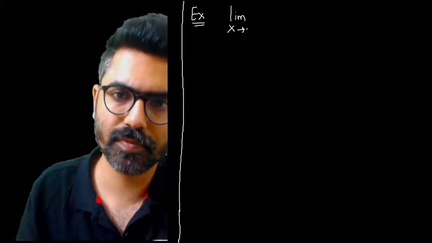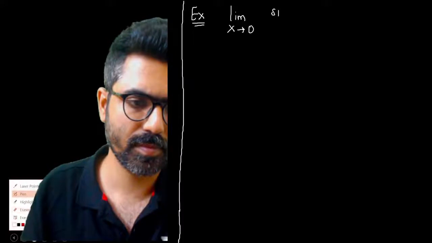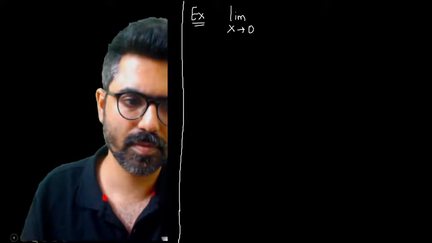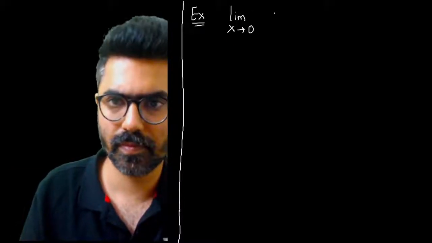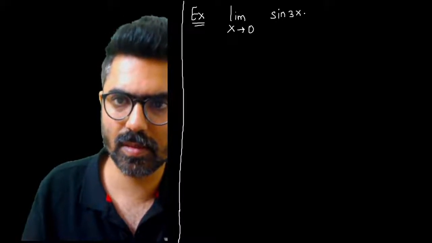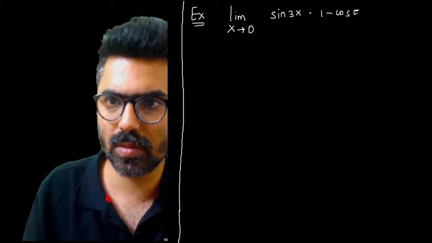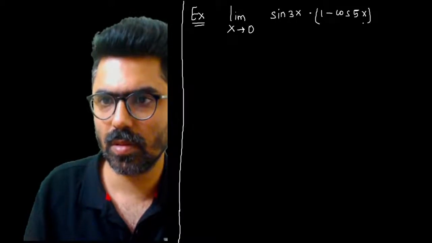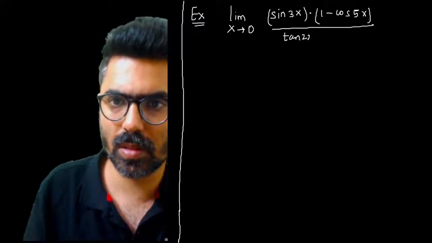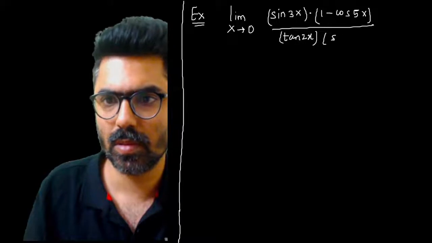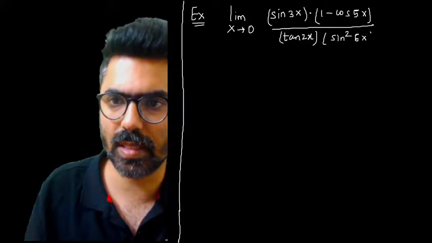Limit x tends to 0, sin 3x into 1 minus cos 5x upon tan 2x into sin square 6x.